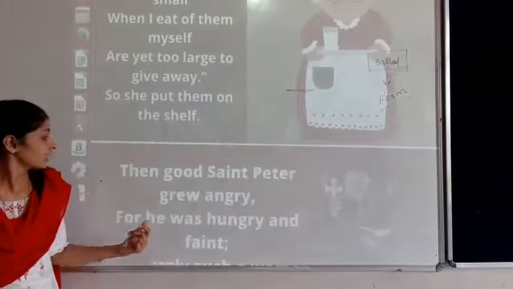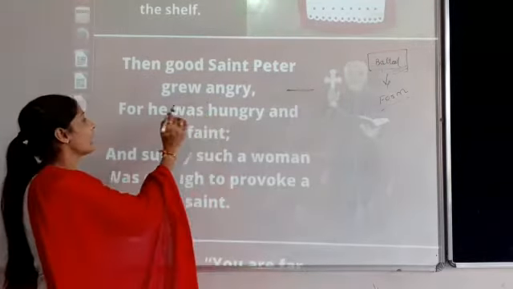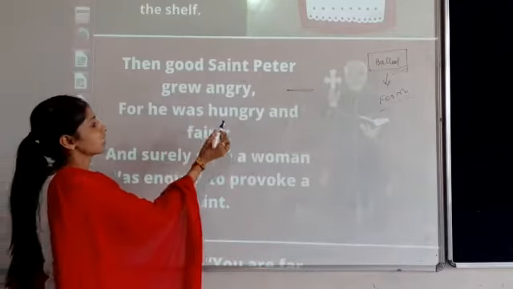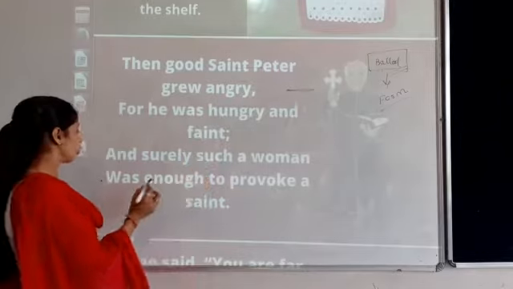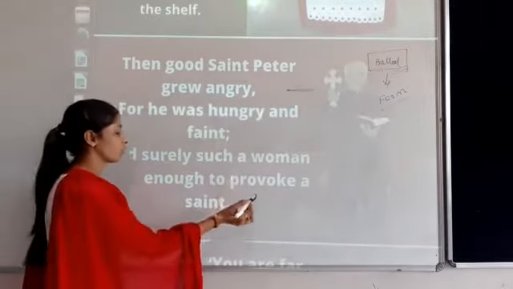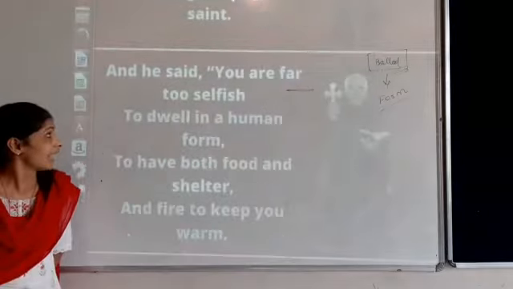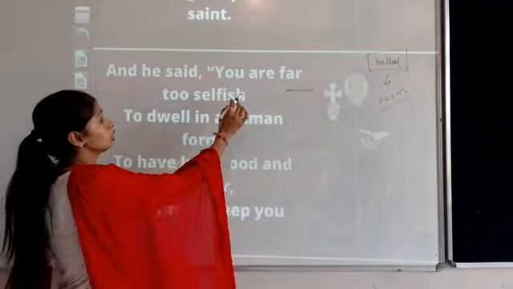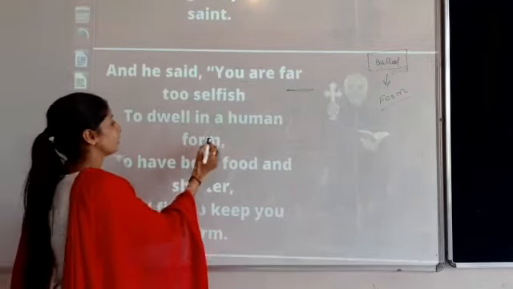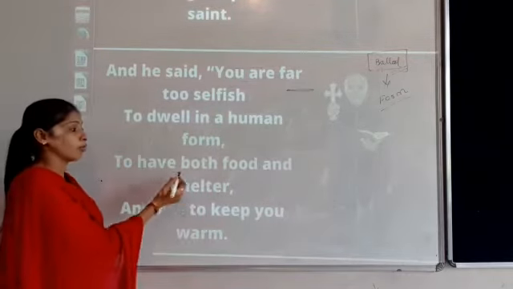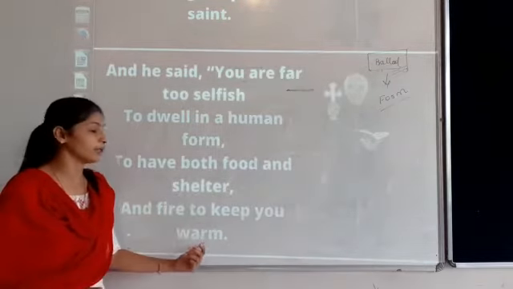Next, then good Saint Peter grew angry, for he was hungry and faint, and surely such a woman was enough to provoke a saint. Next stanza, and he said, you are far too selfish to dwell in a human form, to have both food and shelter and fire to keep you warm.